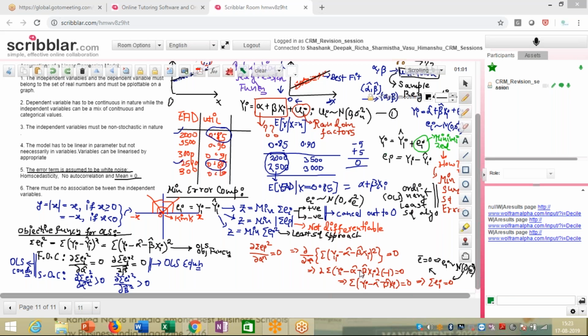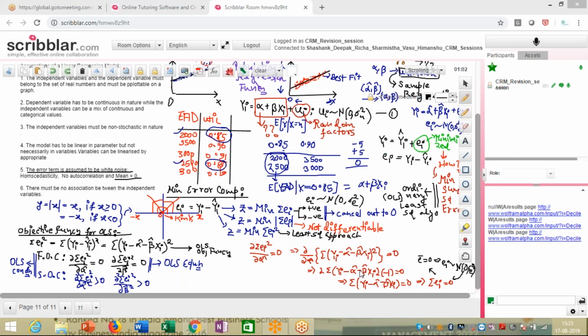You have a function, summation of yi minus alpha minus beta xi whole square. When you differentiate it, if you differentiate x square, you get 2x, right? That's where you get 2 into summation of y minus alpha hat minus beta hat xi.